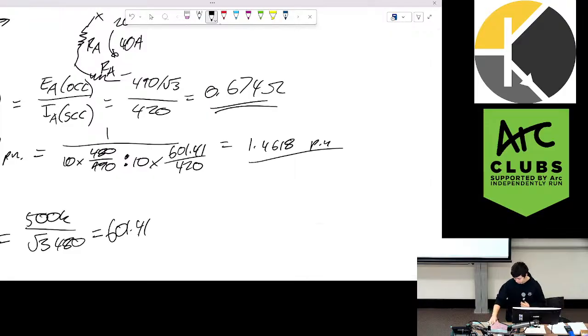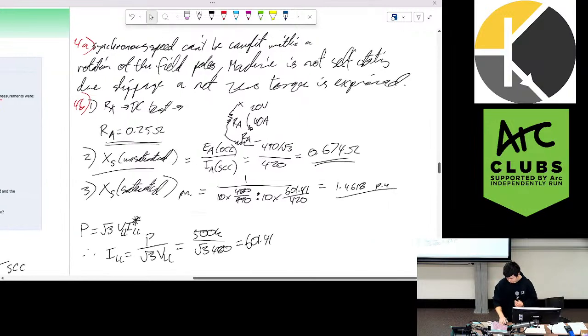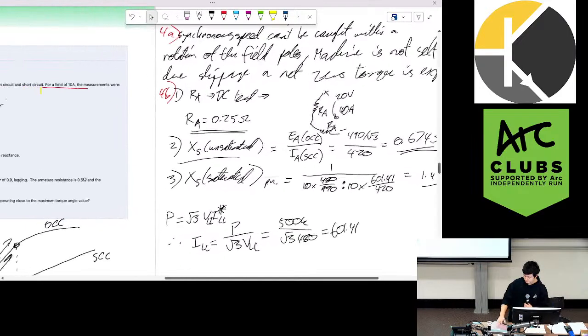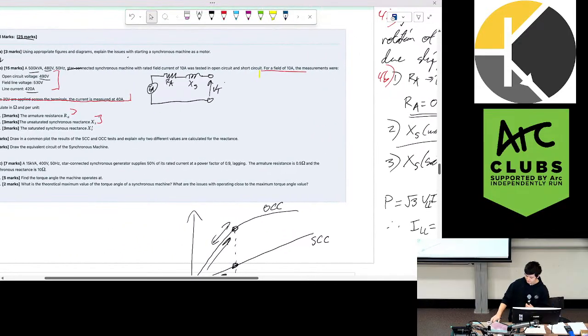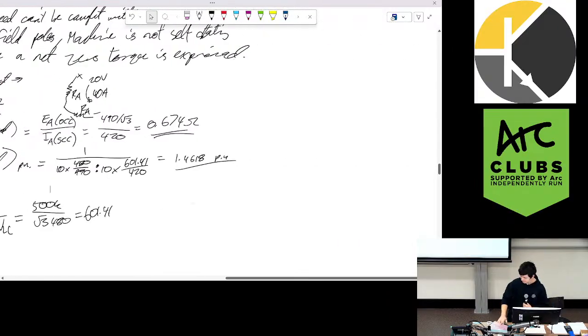If we wanted to convert it back into ohms, what I might suggest we do is take it with respect to... I'm actually unsure. You can find your base impedance, because we're given line voltage and power. That is a very good point. We can find our base impedance.